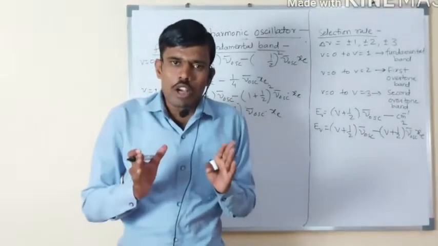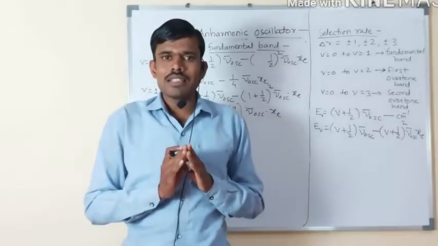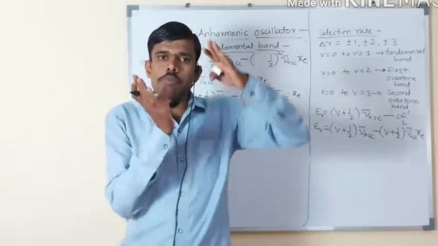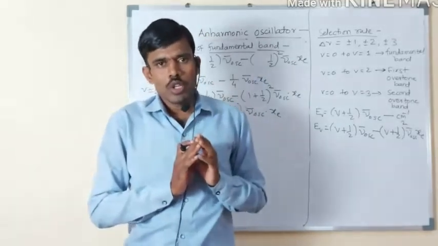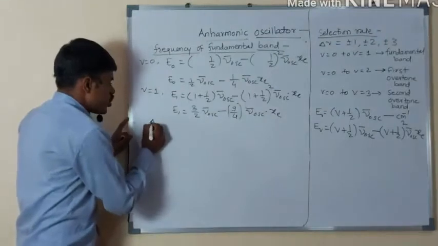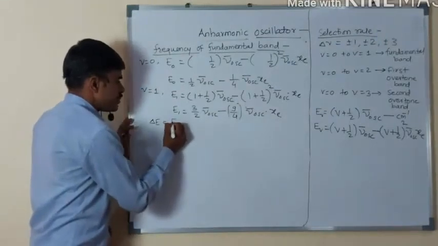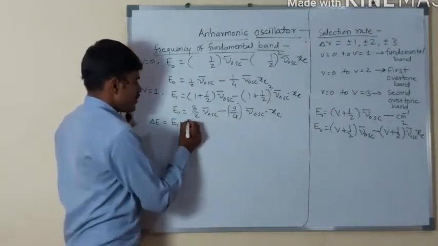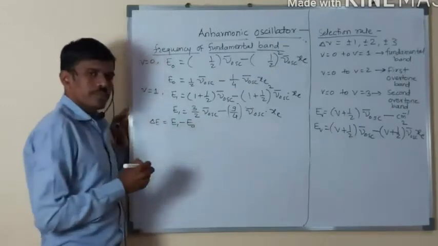The energy required for the transition depends on the difference between these two states. So the energy difference between these two energy states is E1 minus E0.